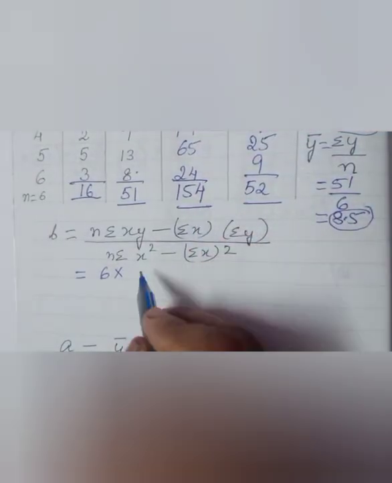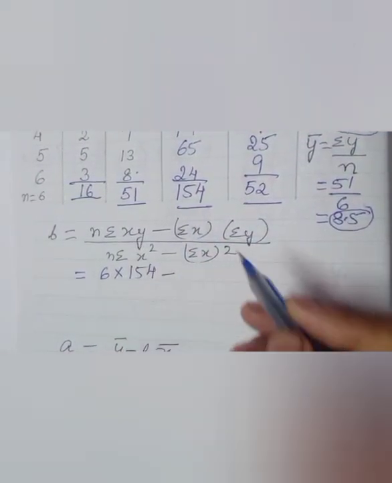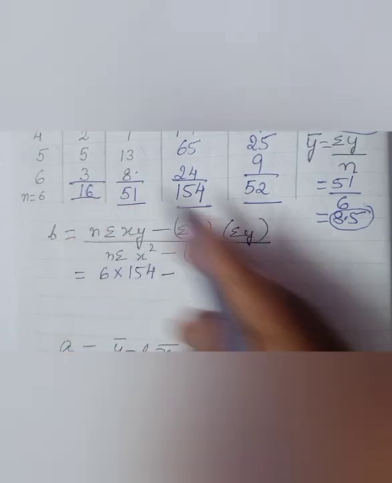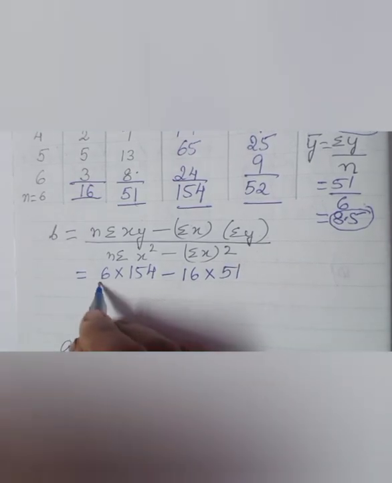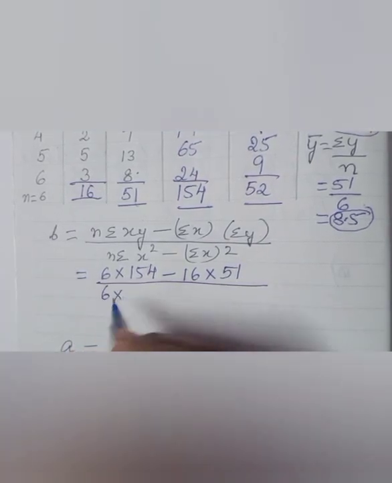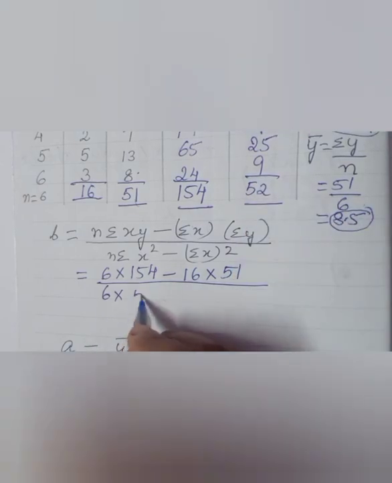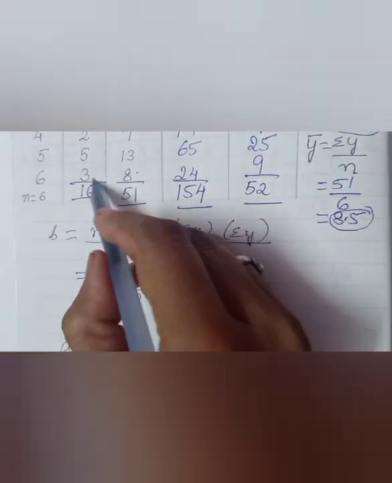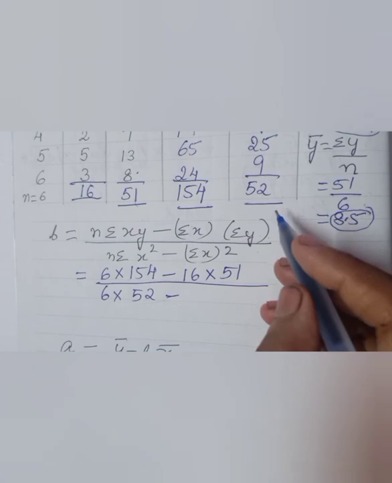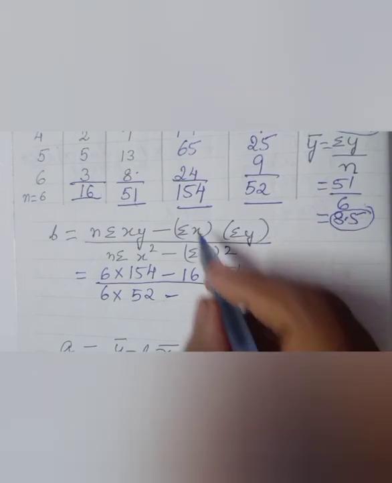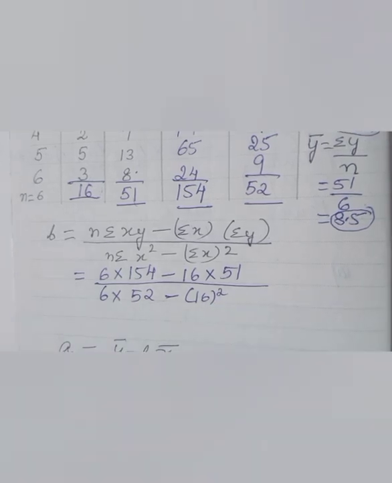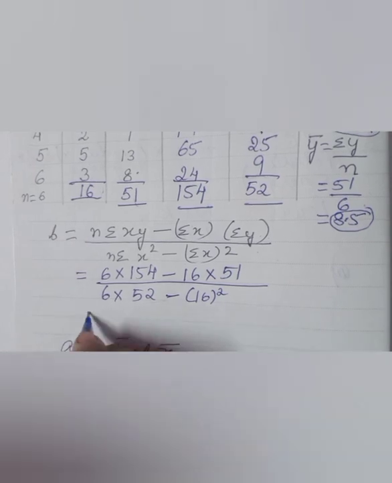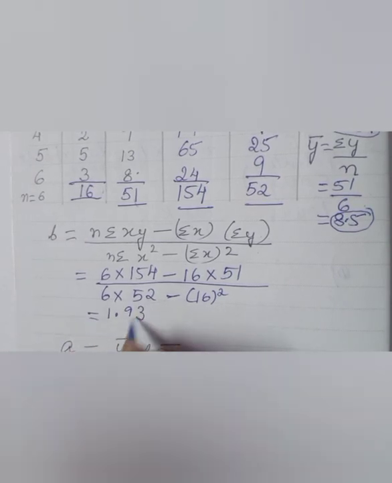Sigma xy, that is 154, minus sigma x is 16, sigma y is 51, divided by 6 into sigma x square is 52, minus sigma x the whole square. That is 16 the whole square. So now when you solve this value, you will get it as 1.93. This is b.